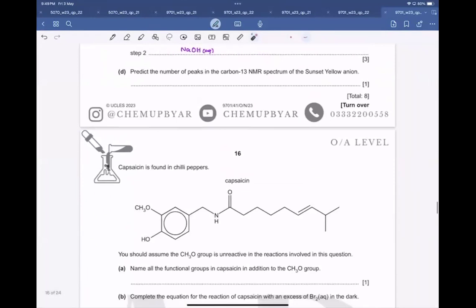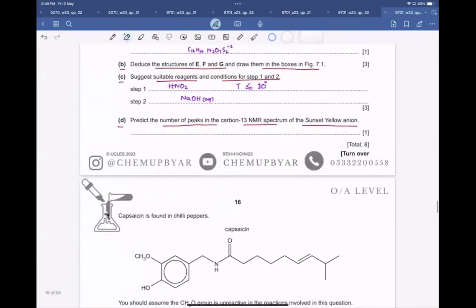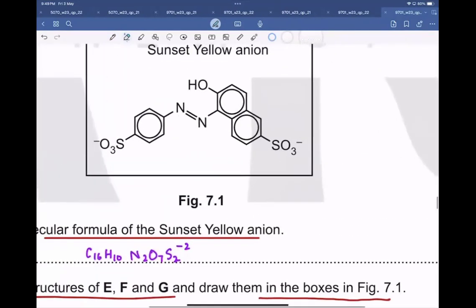Okay. Now part D. Predict the number of peaks in the carbon-13 NMR spectrum of the sunset yellow anion. Okay. So now, number of peaks for carbon-13. Let's start using different colors to figure out.